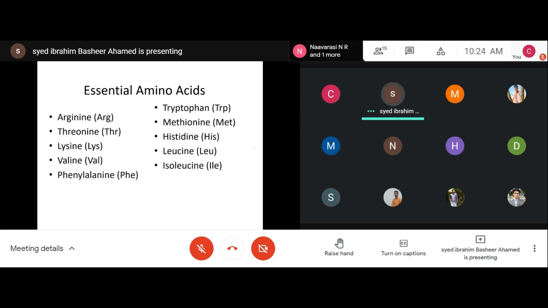Vegetarian people have less chance of finding the essential amino acids in vegetables. So in that case, you have to use all kinds of vegetables, you have to use curd, you have to use egg. Otherwise, you will have a shortage of the essential amino acids.